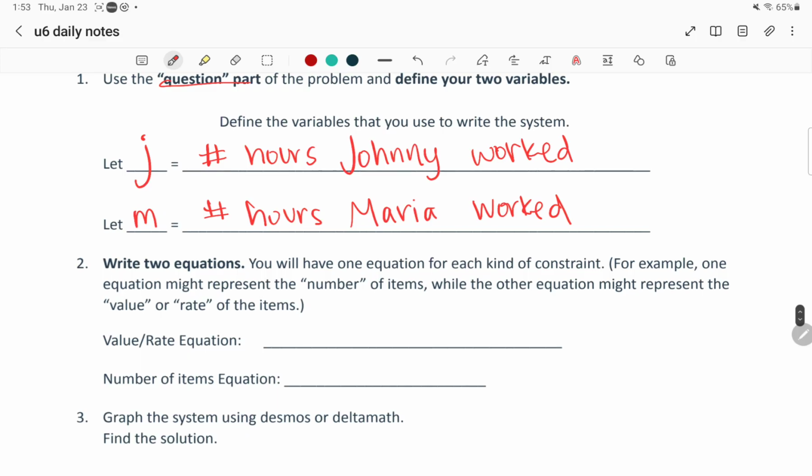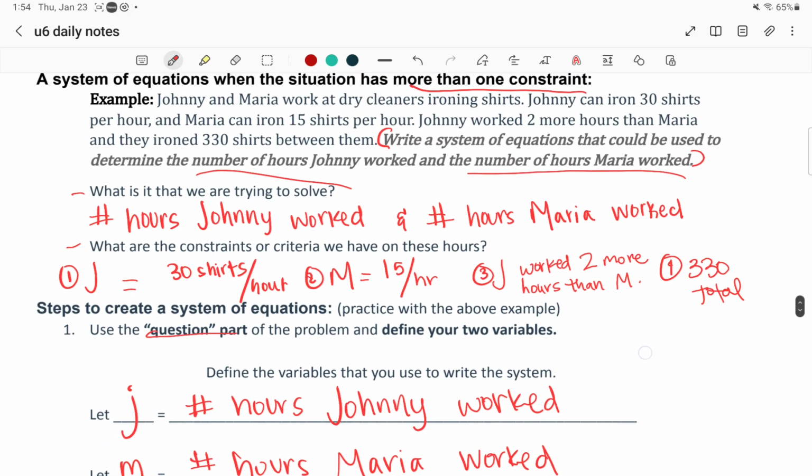With the two equations, you will have one equation for each kind of restraint. For example, one equation might be the number of items, while the other is the value or rate of the items. So our items are shirts.